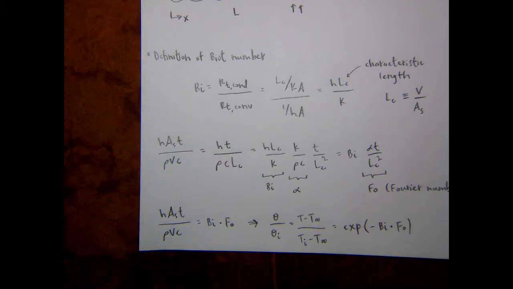Okay, any questions on this? This is the culmination of what we're going to do for transient conduction. This is the simplest model for transient conduction, and it's the only one that we're going to go over. There are a lot more complicated solutions to canonical transient problems that you can come up with, but we don't really have time to get into them. So we're going to move on after this.